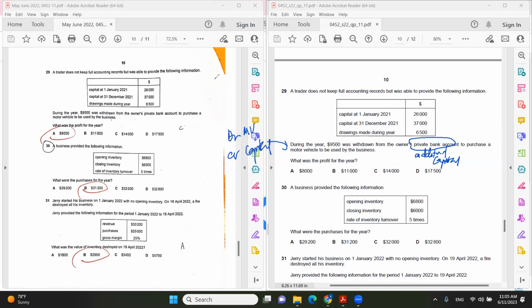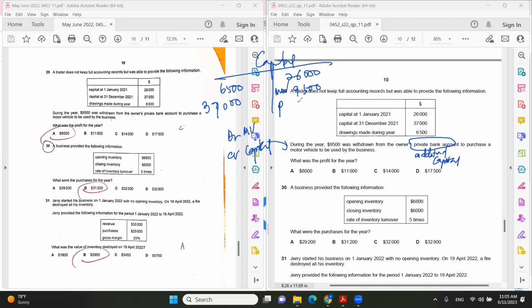So we open the capital account. Opening capital sitting in here, 2,600. Closing capital sitting in here, which is the balance c/d. Drawing, debit side. And then this additional capital, 9,500, is transferred to motor vehicle.